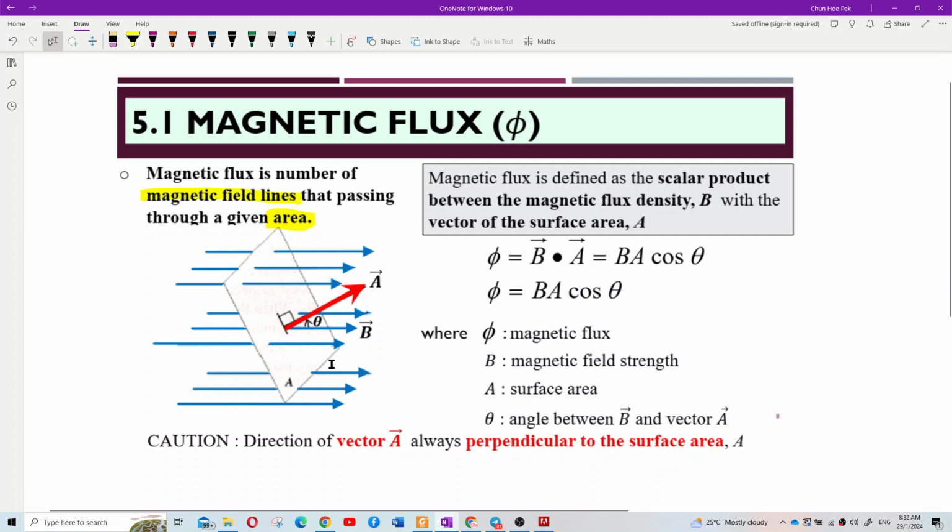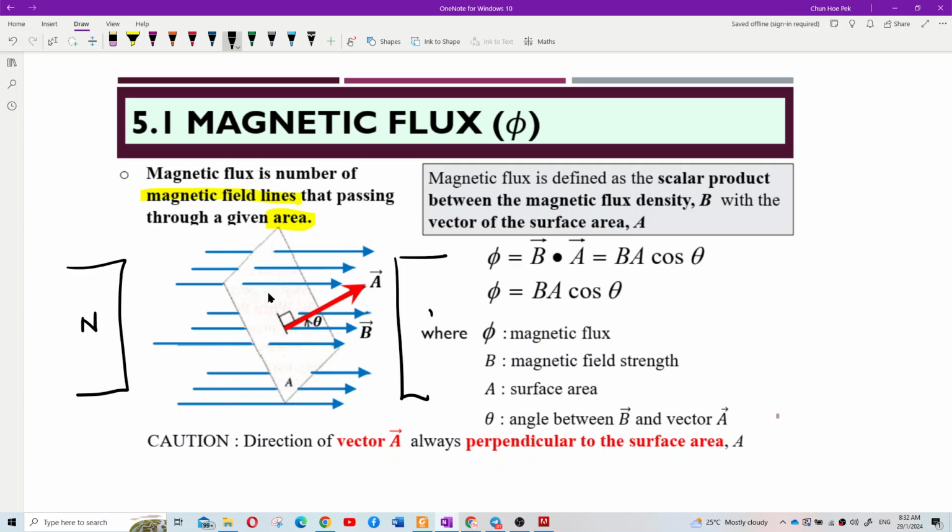Like you see this one, I have an area over here. The blue line is the magnetic field line. This magnetic field is maybe produced by a magnet. Here you have a north pole and here you have a south pole.